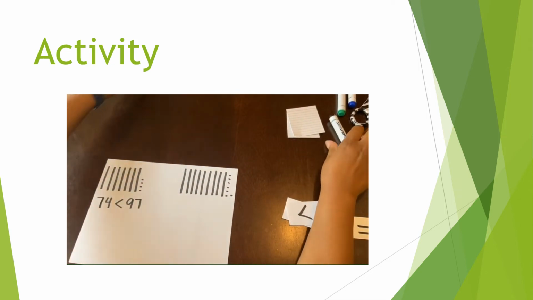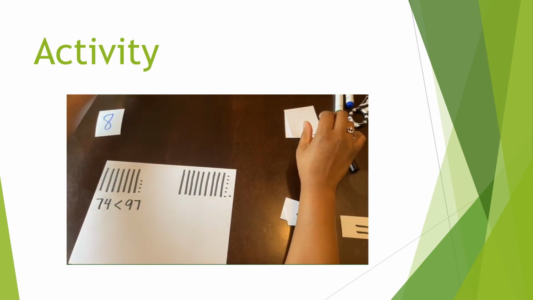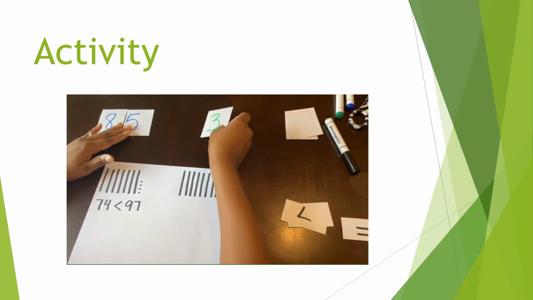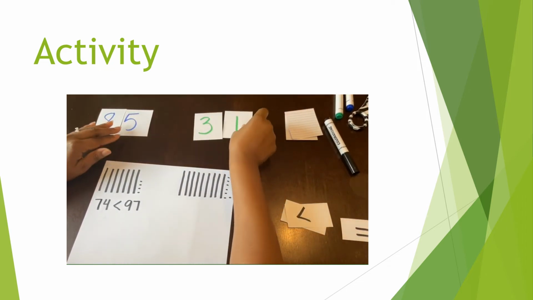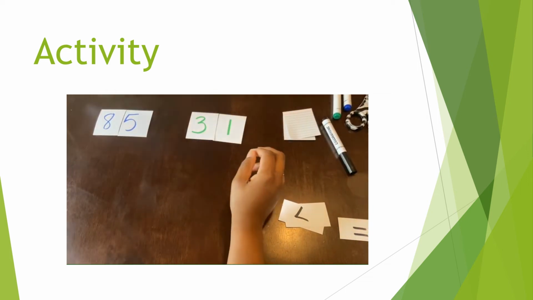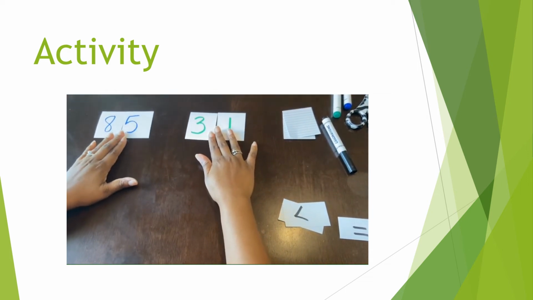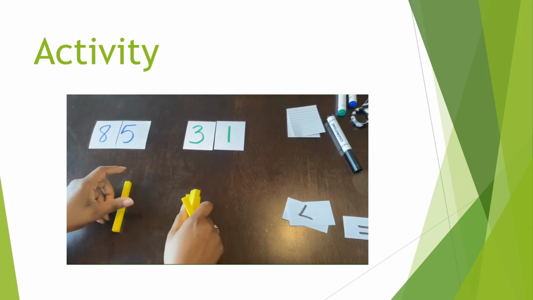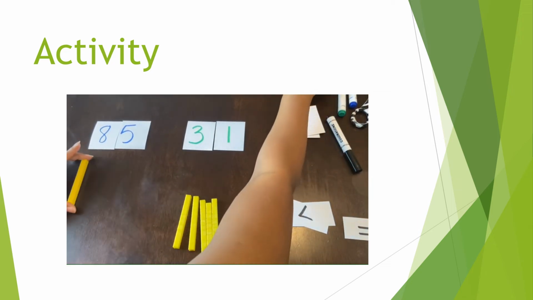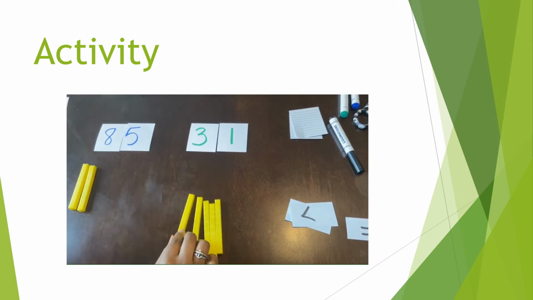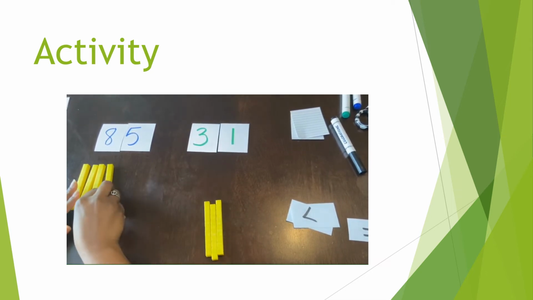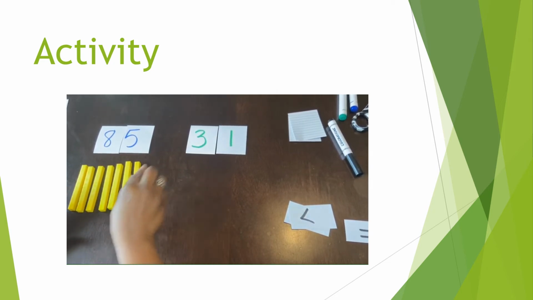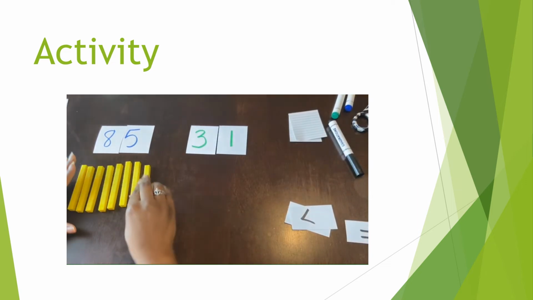So let's do another set. We have 85 and 31. As said, we're going to use rods to show 8 rods for our 10s. That's 10, 20, 30, 40, 50, 60, 70, 80.